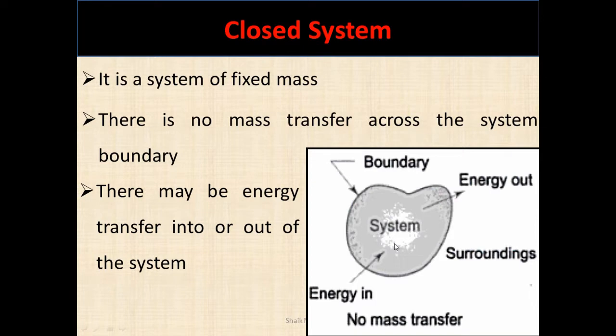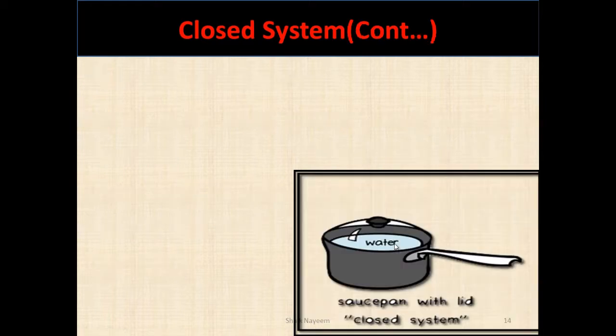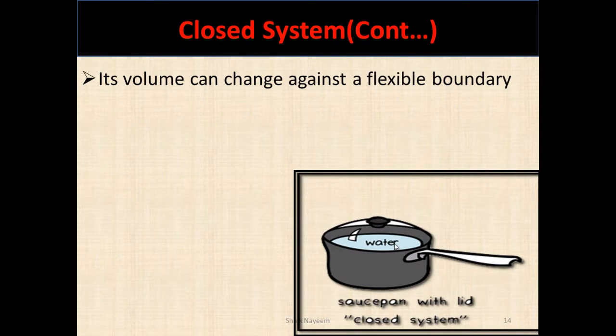At the right side is a figure of the closed system, with energy transfer from the system to the surroundings. The volume can be changed in a closed system because the boundary is flexible, that is, movable.